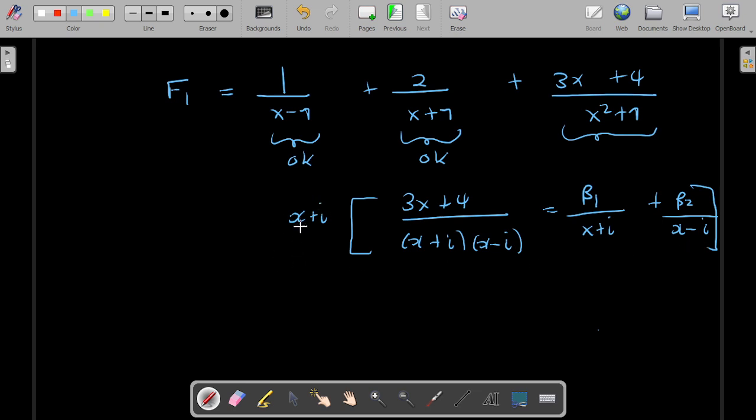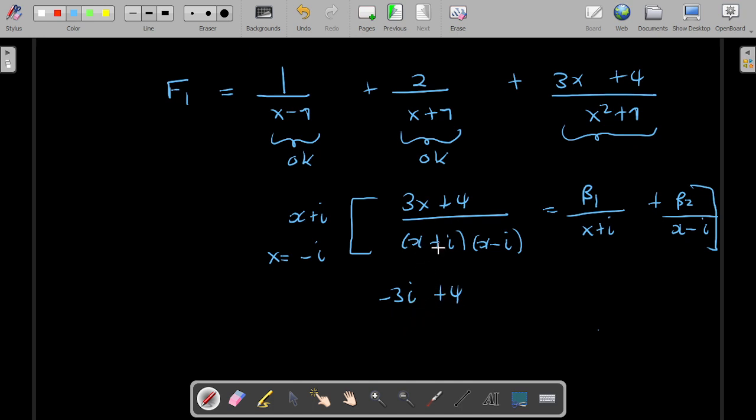And then here we're going to have 0, right? So meaning the numerator is going to be 0, the denominator is going to be non-zero, which is a good situation. So here we're going to multiply by x plus i, and then we're going to choose x to be equal to minus i. So here we're going to have x is equal to minus i. So basically here we have minus 3i plus 4, right, minus 3i plus 4.